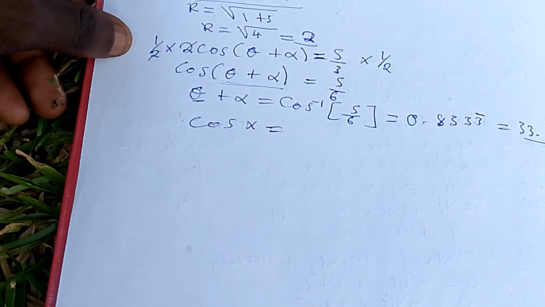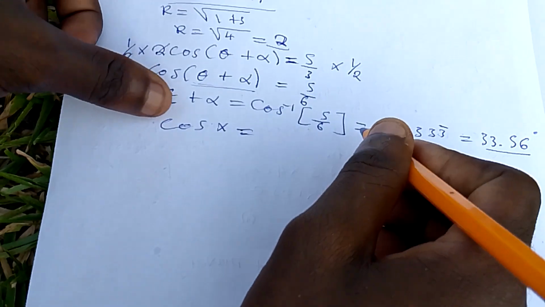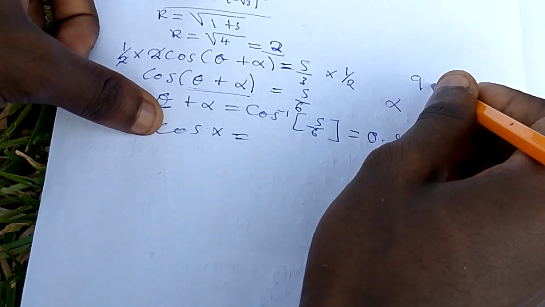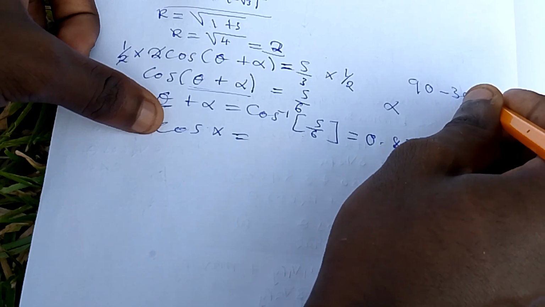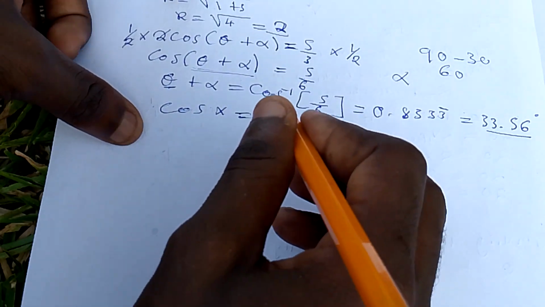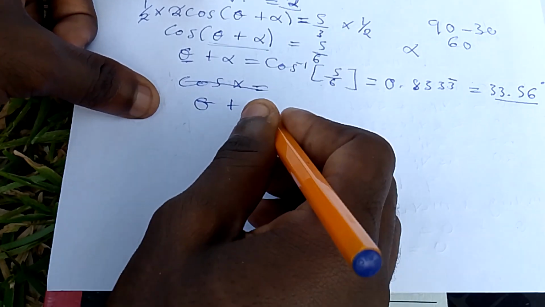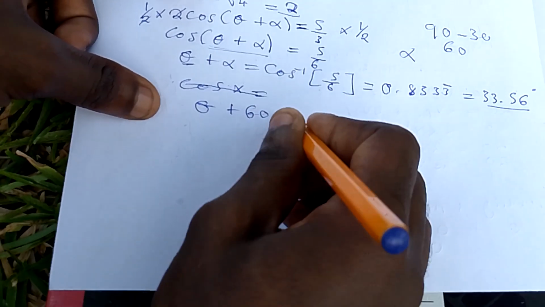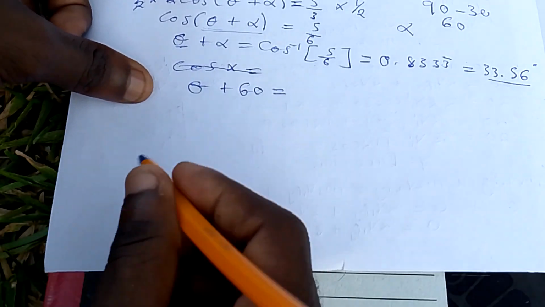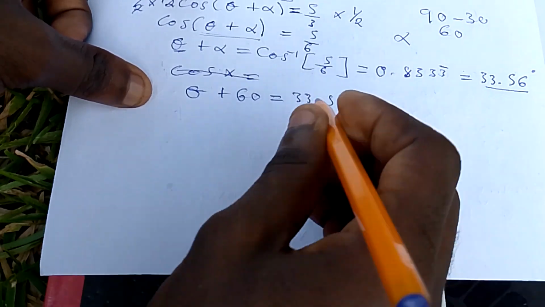Now you know that 90 minus 30 is 60. So if we can find theta, theta plus 60 equals 33.56.